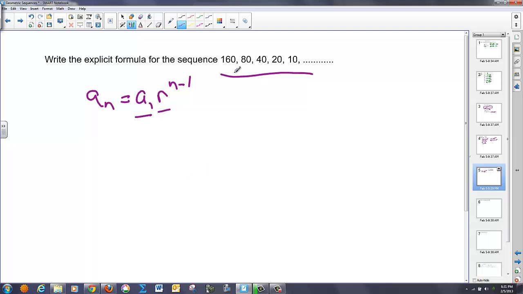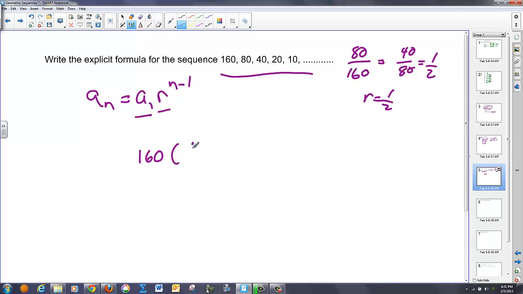Well, luckily, in this case, I see my first term is 160. I see my ratio from turn to turn, well, to get from 160 to 80, I go 80 over 160. Check to make sure that's the same as 40 over 80. Surely enough, it is. That reduces to a half, and that's my ratio.